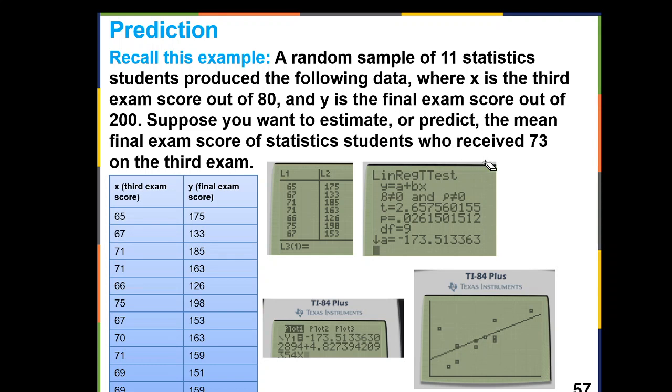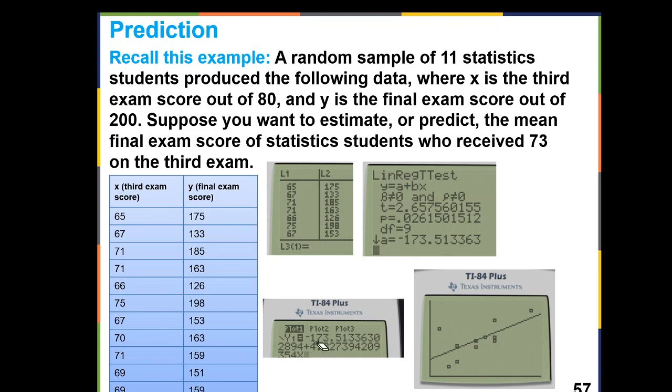So here you go. Suppose you want to estimate or predict the mean final exam score of stat students who received 73 on the third exam. We did this already, right? We found out that it is significant.